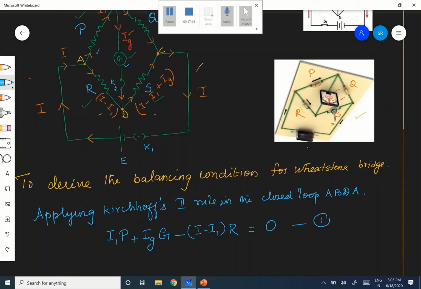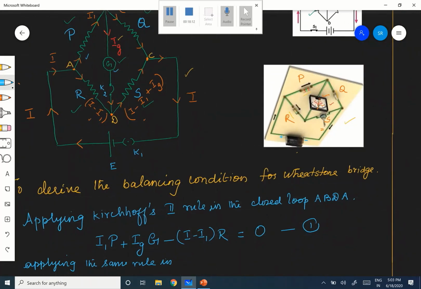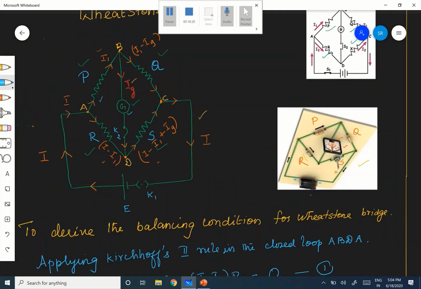Now, applying the same rule in the loop B, C, D, B. Tell me, what is the current in BC?